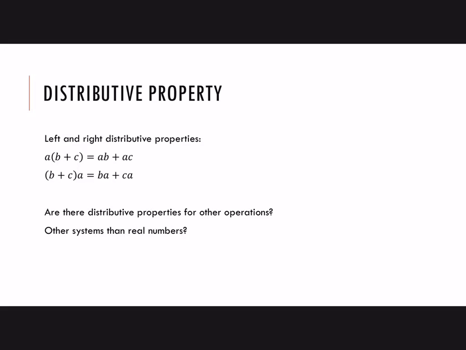All right, we talked about the left and right distributive properties now. So you can distribute from the left or from the right, and then you can also use this property both ways. You can use it backwards, so I can say AB plus AC is the same as if I factor out an A. Okay, that's also the distributive property.